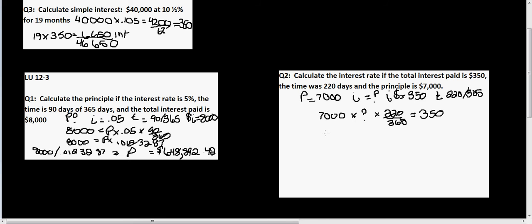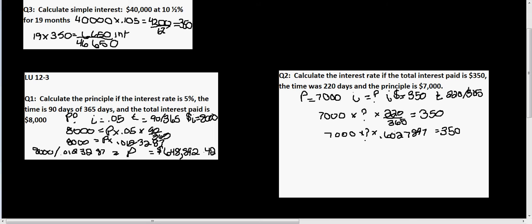We end up with 7,000 times something times 220 over 365, which is the same thing as saying 0.6027897. And all of that's going to equal 350.